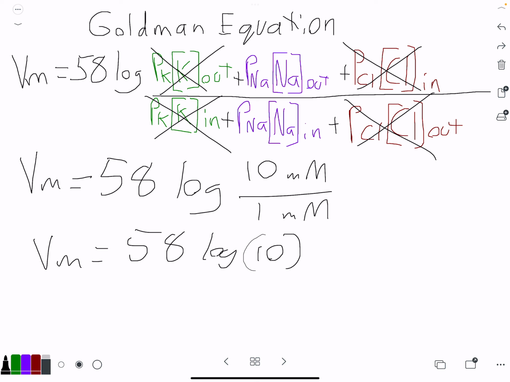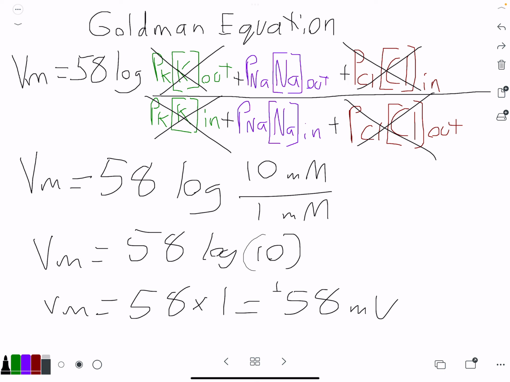The log of 10 equals 1. So that's 58 times 1, which equals 58 millivolts. Just the opposite of potassium. It's not -58, now it's positive 58.